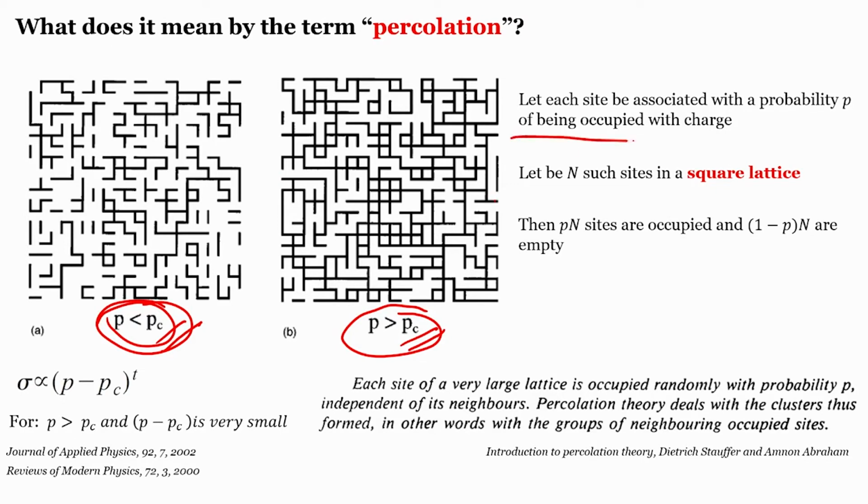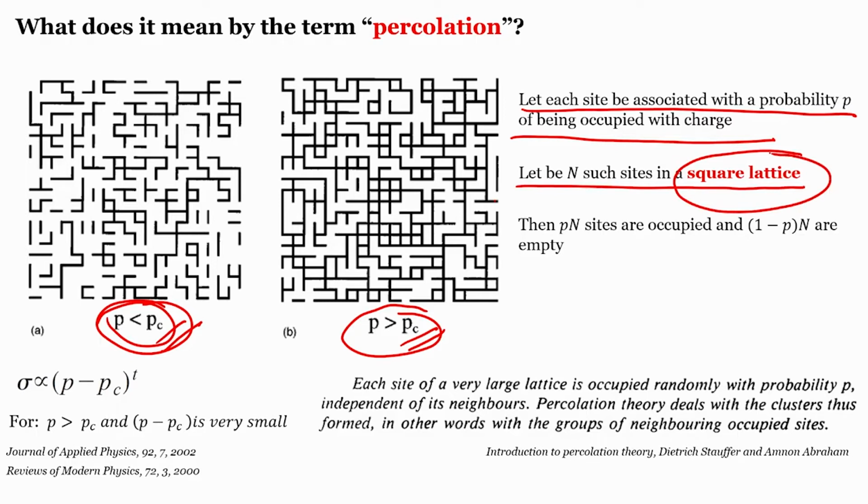So this is what we were discussing, that each site is associated with a probability P. Let n sites such in a square lattice. One more point that I want to emphasize here is, we are all discussing the first order problem, and that's why we are taking the simplest case, which is square lattice. In real life there may be honeycomb lattice, which will look something like this, and these lattices will be interconnected.